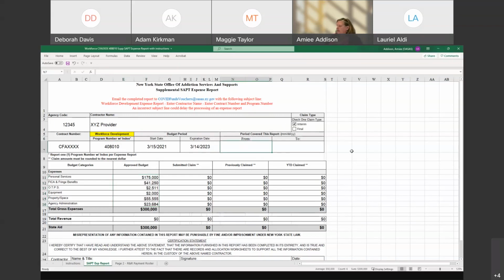Then we put in the period that the expenses are covering, and then we'll just throw some numbers in here. This would be under the submitted claim column is where you would enter. So we'd say 50,000, 25,000, 1,000.